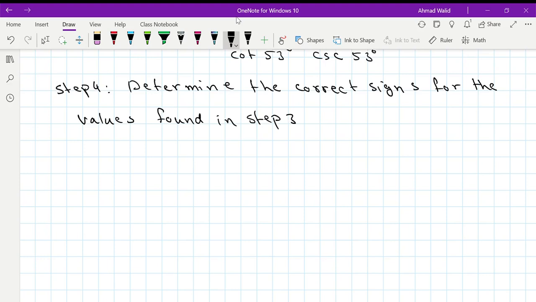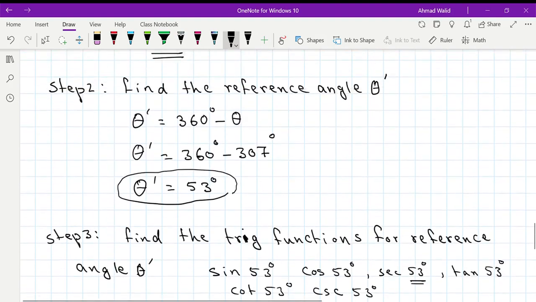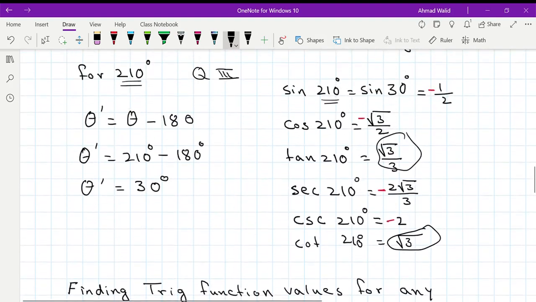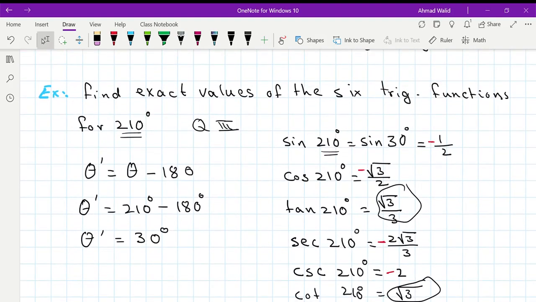You see in which example I did that? The example before this lecture, for 210. Because it was 30 degree, I fixed the sign for this. Because I know which quadrant 210 lies in and what the signs are there, I fix the signs, or correct the signs.